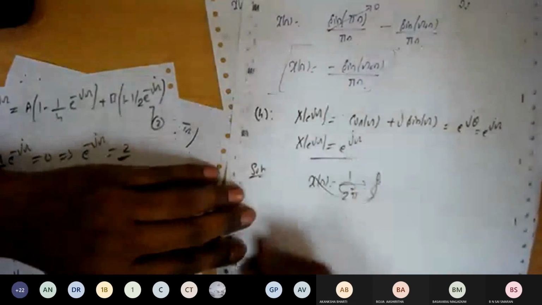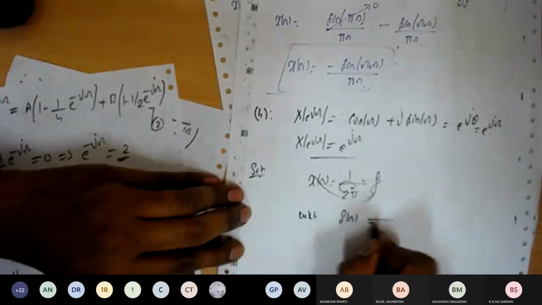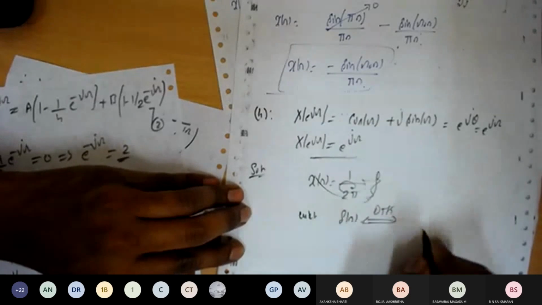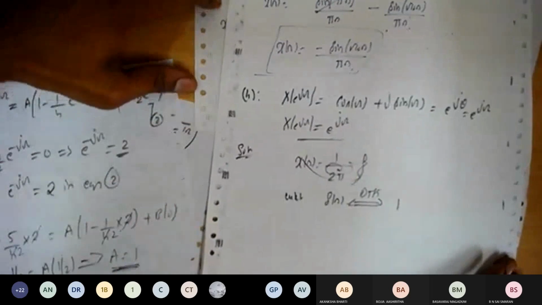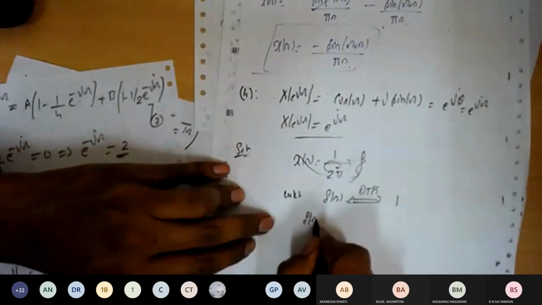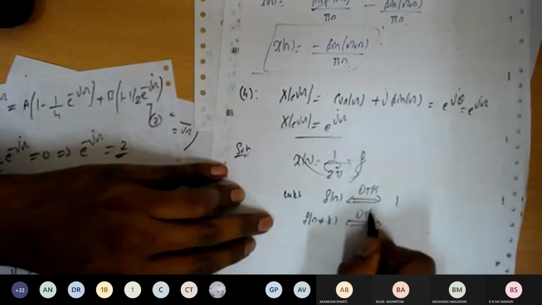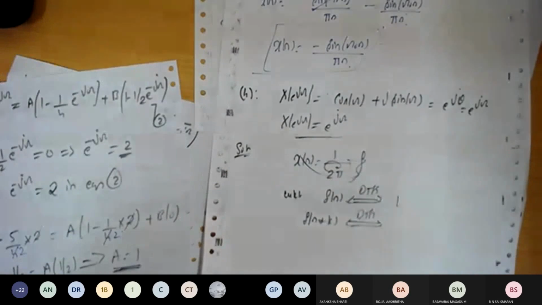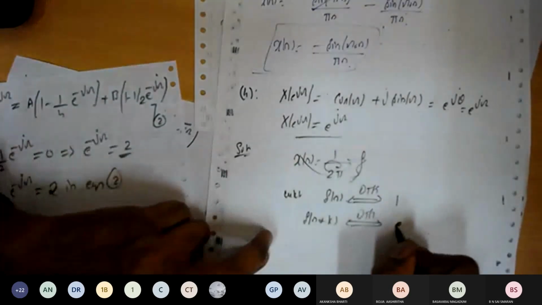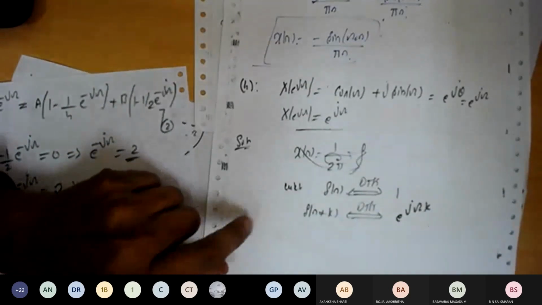Let us do this one. We know that the inverse DTFT of 1 is delta of n. Similarly, if you have delta of n plus k and take its DTFT, by applying the time shift property it becomes e to the power of j omega k.